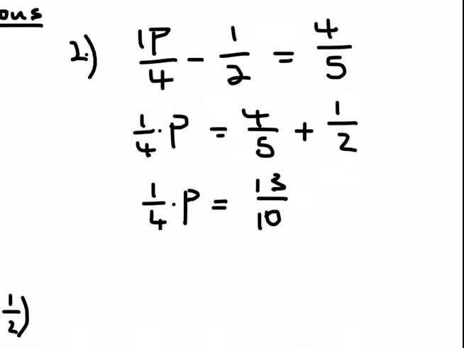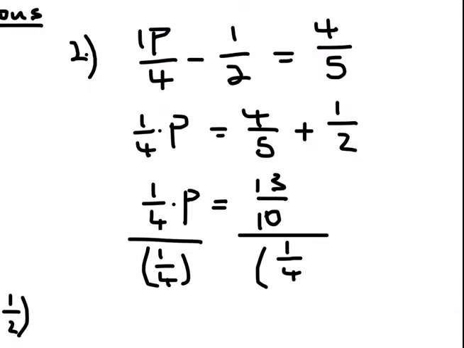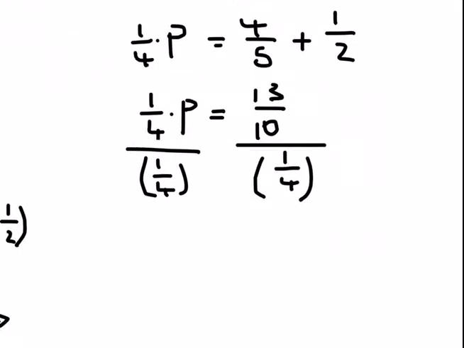So now you just remove that coefficient of 1 over 4, but just remember to put it inside the brackets. Whatever you do on the left, you also do on the right. So can you see now that cancels completely with that? You remain with p, which is what you are looking for.